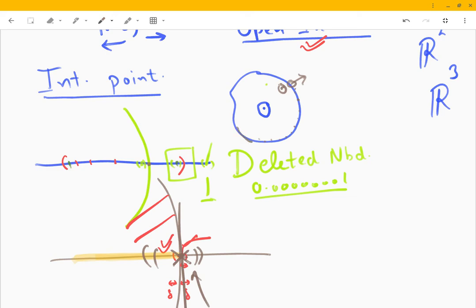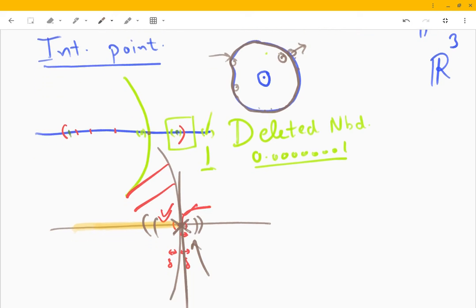So the points on the extreme are not interior points. But the points just next to the extreme points, no matter how close they are to this boundary, their entire neighborhood will lie inside the set. I hope the definition of interior point is clear.